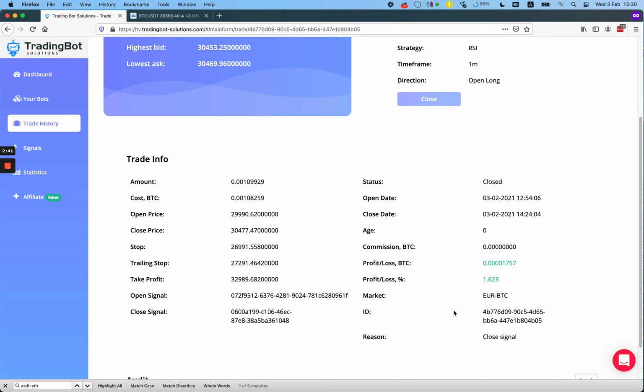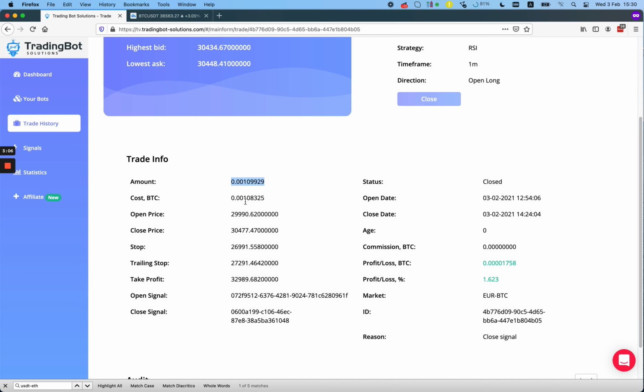And you can even click on this, for example, and you will get directed to the closing signal. So if I open this in a new window just to show you, then this will load the signal. There's the signal information, and you exactly see what signal closed this trade. You also see the amount that we have been using for the trade.